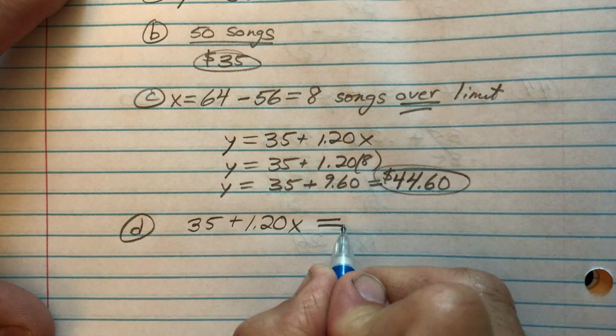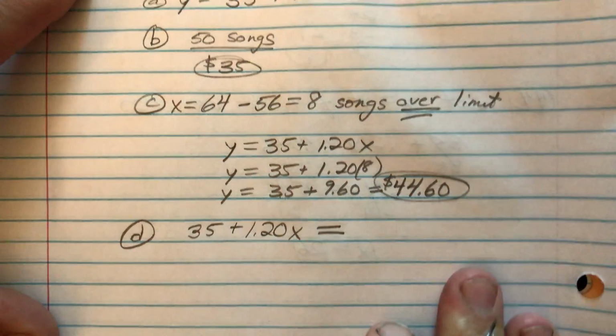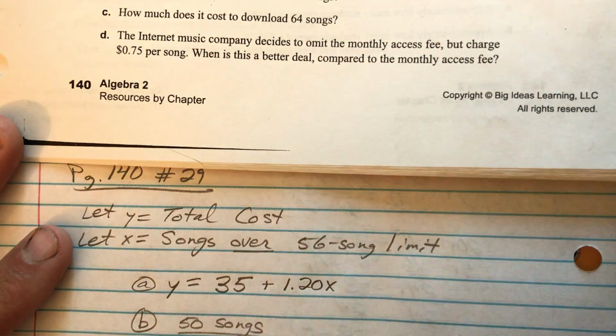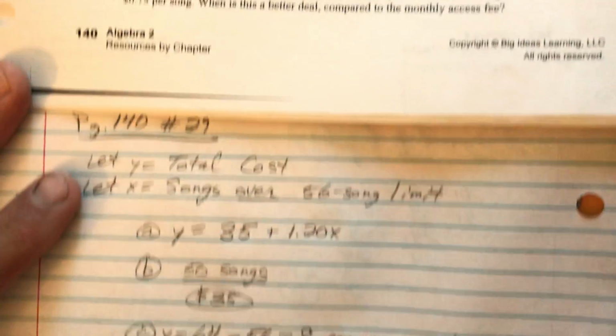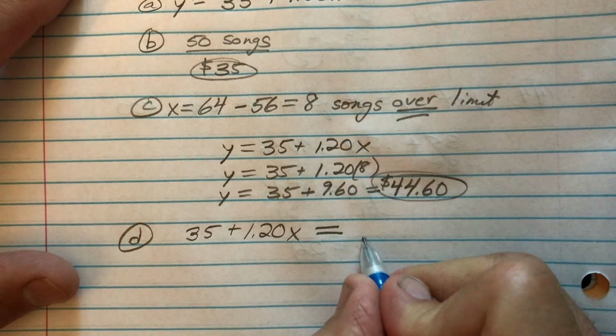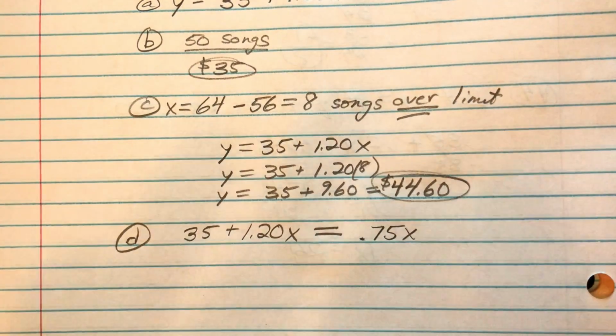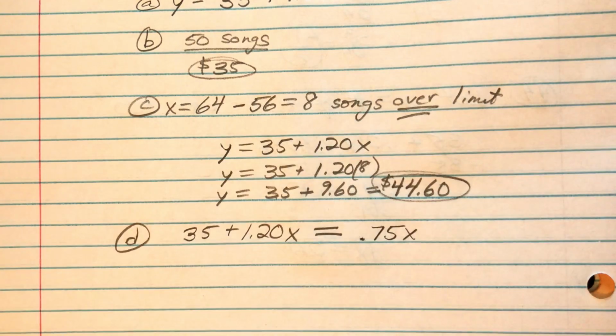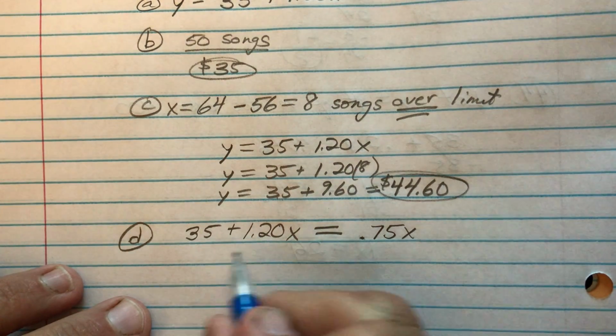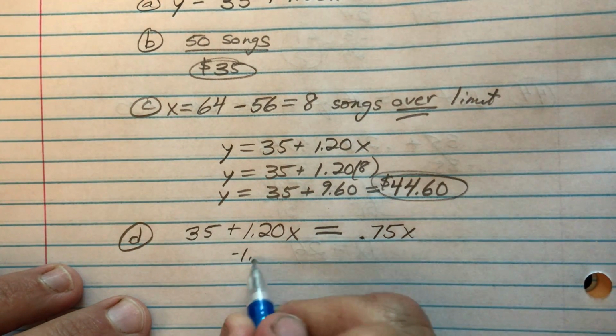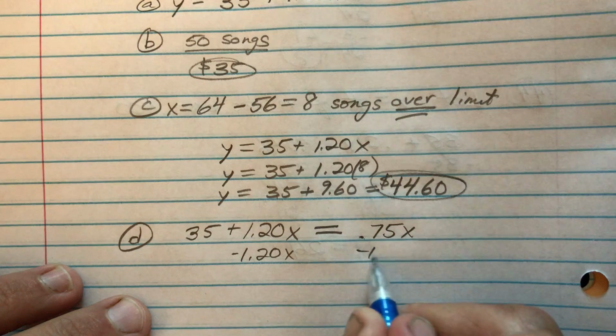Why don't we set it equal to the situation we're talking about now? Just doing 75 cents a song. So if we set it equal to 0.75x and solve, we'll figure out when it's exactly equal. And then we could figure out by maybe graphing this which is better. So why don't we subtract the $1.20x from both sides?